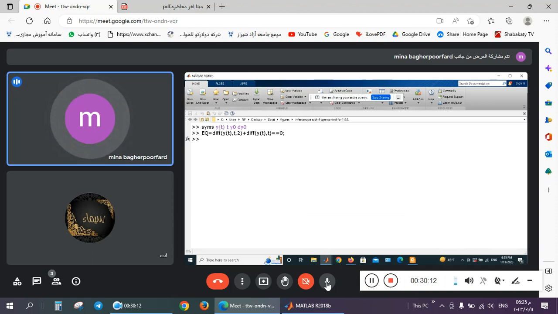And what about after this line? The next line, I should define what? The differential of y. I define, for example, dy equals diff of y(t) with respect to t. Yes, I need this line for the initial conditions.